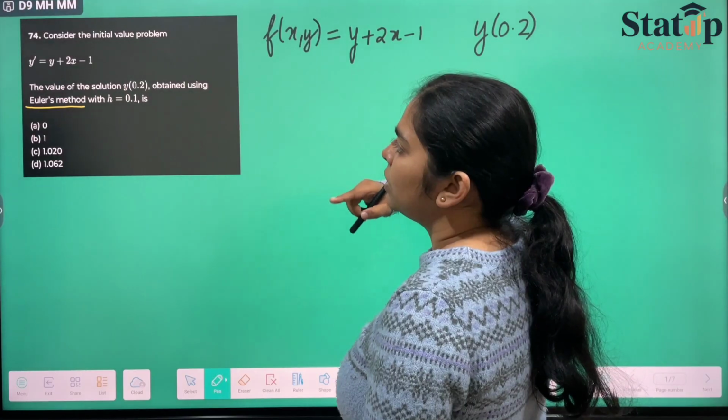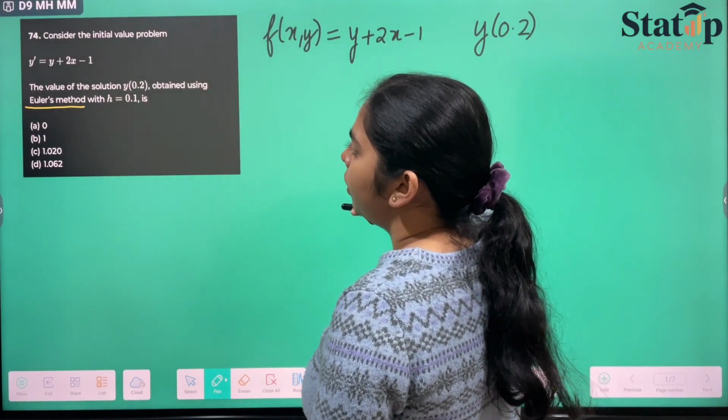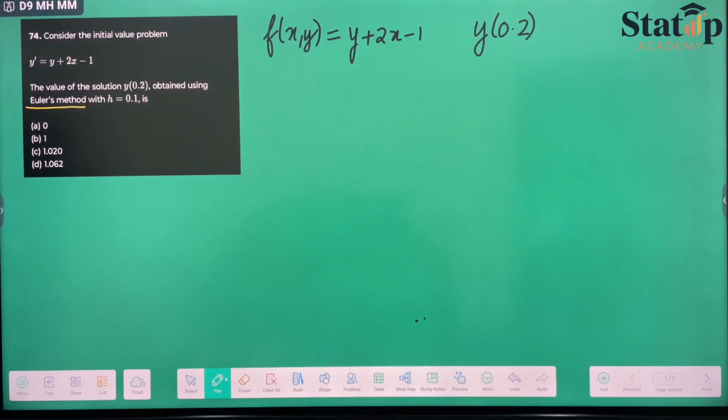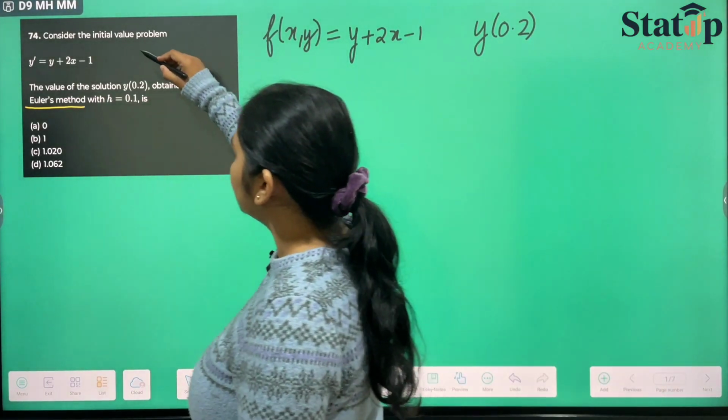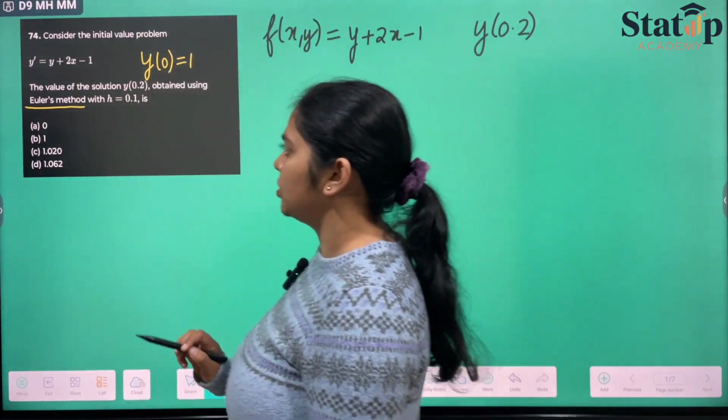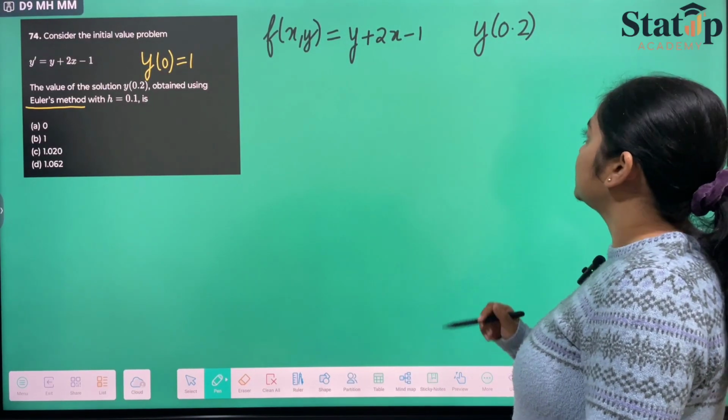Means with h we'll move at, here one thing is missing, which is y naught equals 1, which has been given in the question also. There must be a printing mistake here.